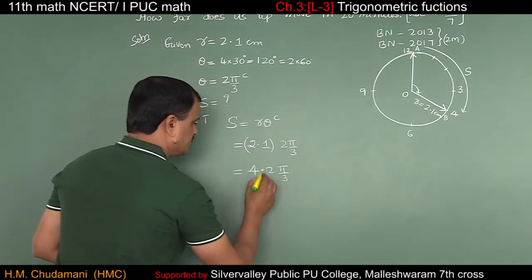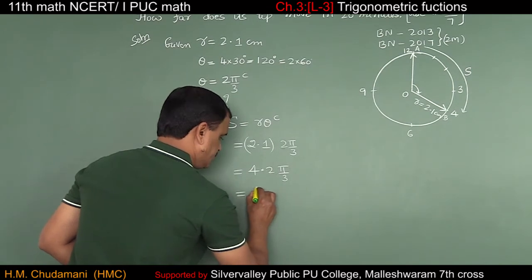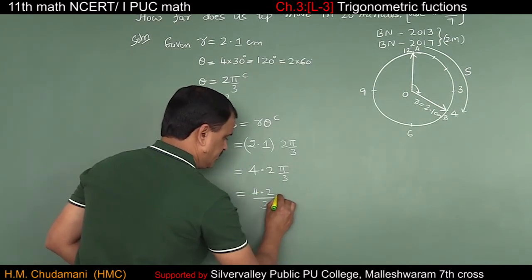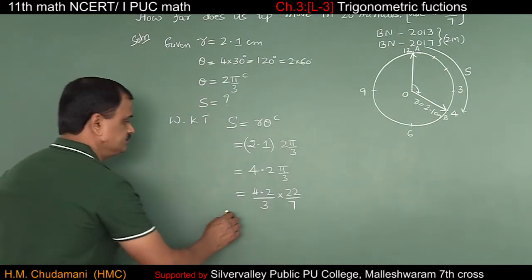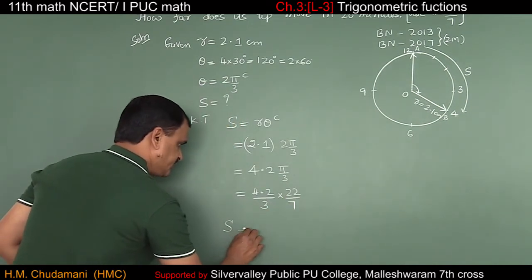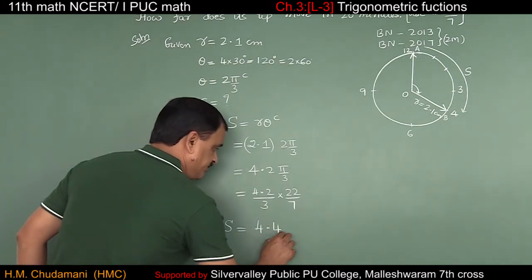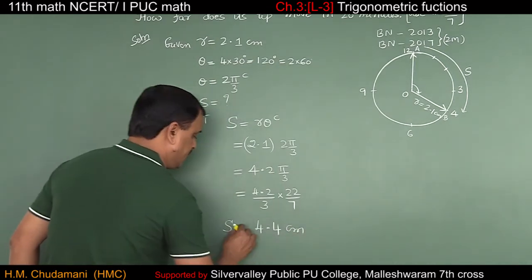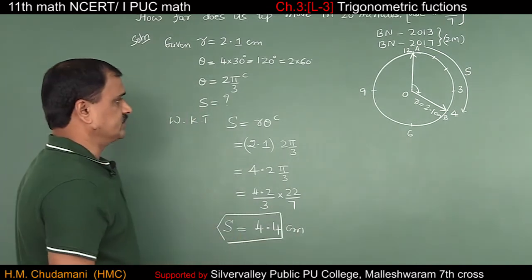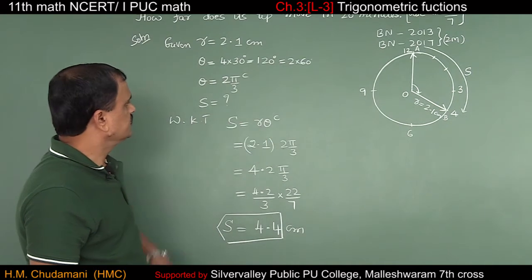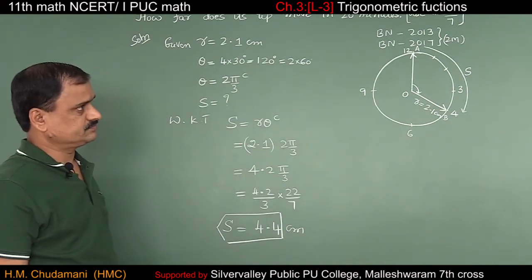So pi is 22 divided by 7. 4.2 divided by 3 into 22 divided by 7. So that S is equal to 4.4 centimeter. This is what the tip of the minute hand covers in 20 minutes, which is 2.1 centimeter long.